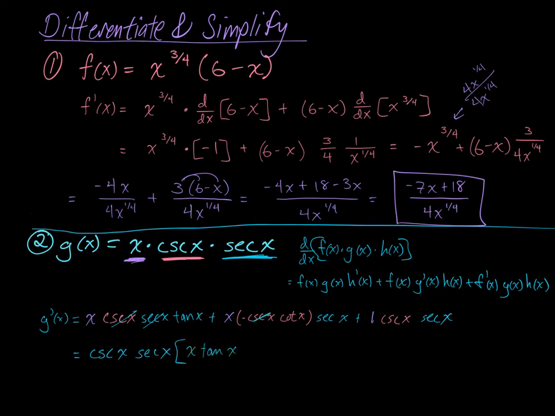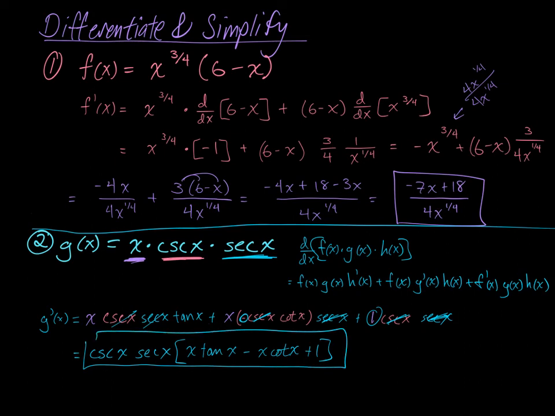If we get rid of the cosecant and secant here, that means we're left with a minus x cotangent x. And if we get rid of the cosecant and secant here, we're just left with the plus 1. So here's another example of differentiating and simplifying the derivative.